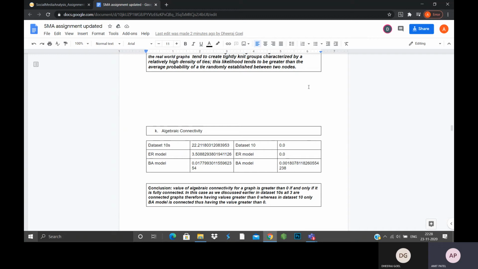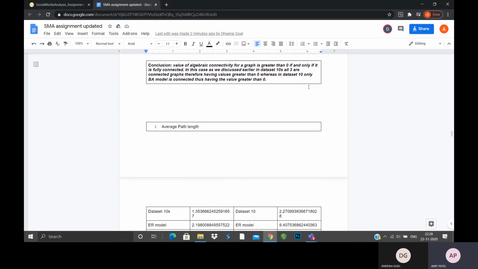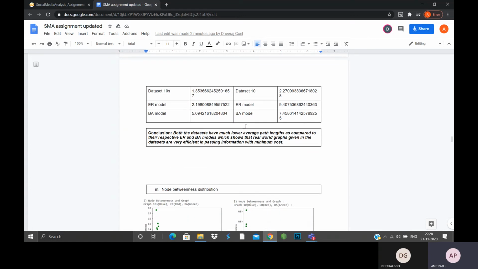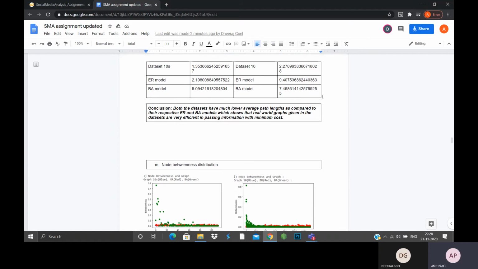And later, the BA model is fully connected and has a certain value of algebraic connectivity, right? Average path length: all the values of path length are added and then divided by number of nodes, and this gives us what we call average path length.